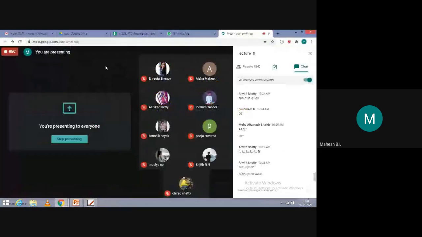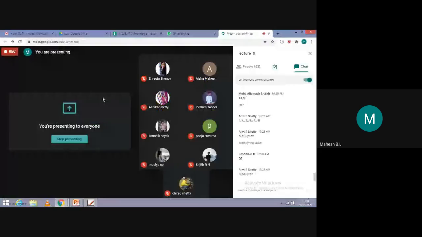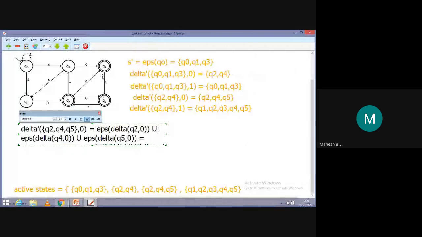You can skip it. Then delta of Q4, 0. What is delta of Q4, 0? Q4, 0 is Q5. Next, you need to compute epsilon of Q5. What is epsilon of Q5? Epsilon of Q5, you know, it is Q5, Q4, Q2. So Q2, Q4, Q5 gets added, and union with the next component. What is it?